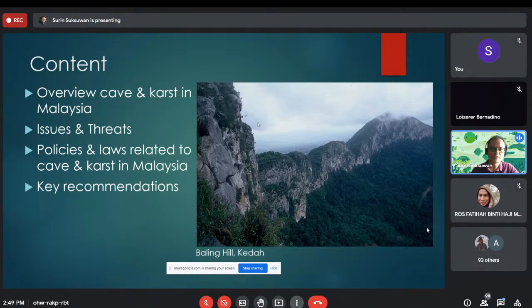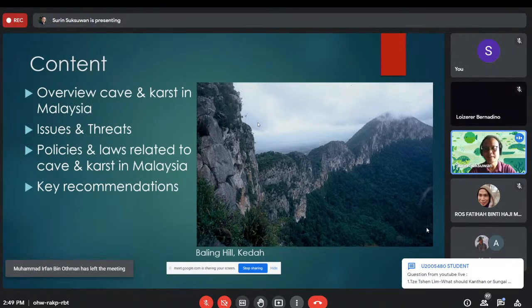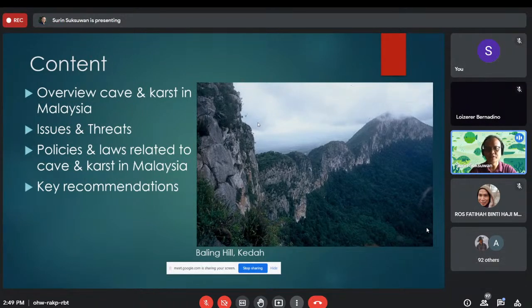Jaime has also covered that, but I'll go at a slightly different angle. And I'll talk about policies and laws, which is the main content of the presentation. I'll go through some of the key policies and laws in Malaysia that are related to cave and karst, and then we'll close off with a few key recommendations.